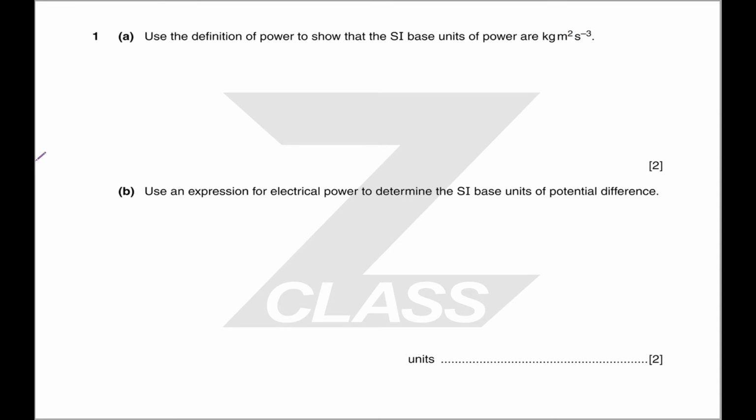So, use the definition of power. The definition of power that they are looking for is power is work done per second. That is an important thing to remember. So we often talk about the idea of power being energy used per second or something like that. The specific definition is work done per second.